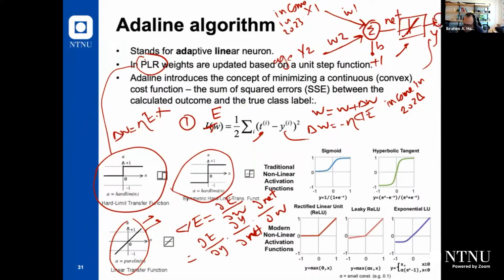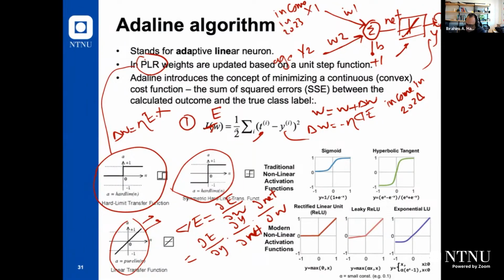So we need to get the gradient, which is the first derivative of the error with respect to my weights, omega and b. But because there is no direct connection between the output and omega, I will use the chain rule. So I will get first partial E by partial y.